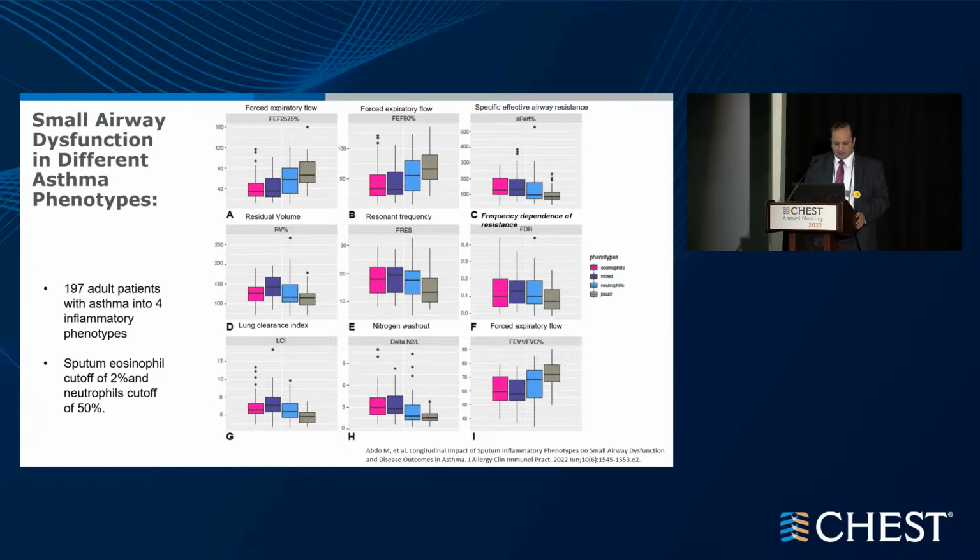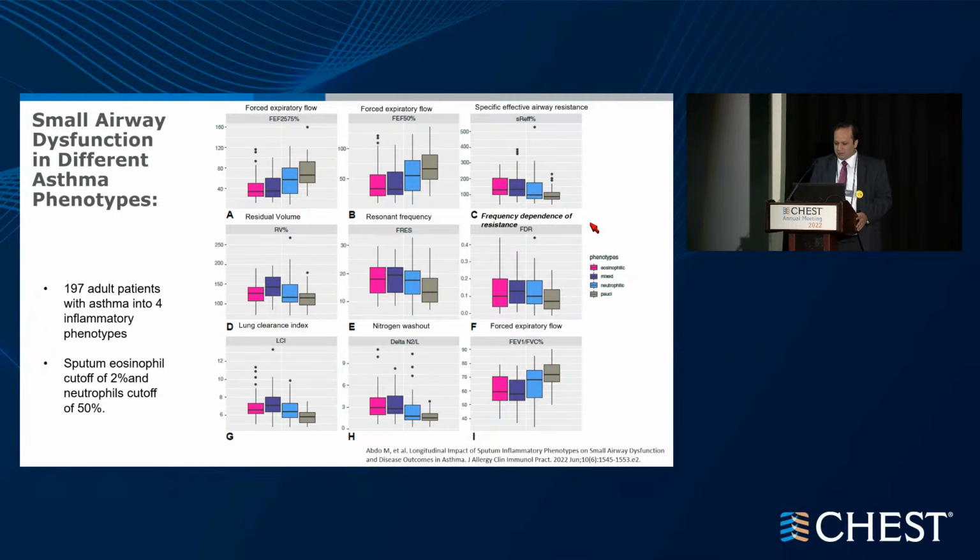The phenotypes were: eosinophilic; mixed, where they had both eosinophils and neutrophils; neutrophilic, where neutrophils were more than 50% but sputum eosinophils less than 2%; and paucigranulocytic, with less than 2% sputum eosinophils and less than 50% neutrophils.